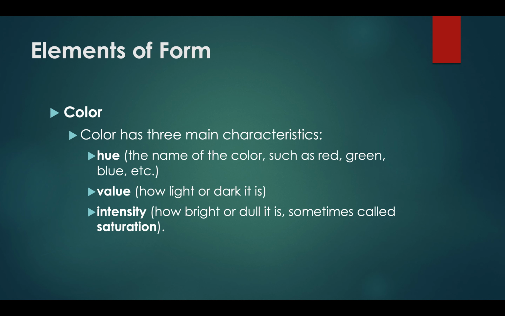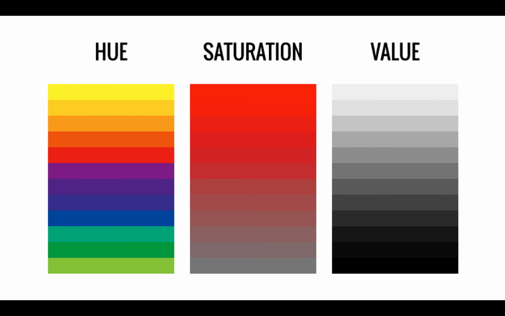If we're using an Adobe product, you'll see HSV, and that's hue, saturation, and value. Other times you'll see hue, value, and intensity. Intensity and saturation are exactly the same thing. And that's just how bright or dull the color is. And that's a little bit easier to see here in the hue, saturation, and value image, where you can see multiple colors there, multiple hues. We've got a whole rainbow.